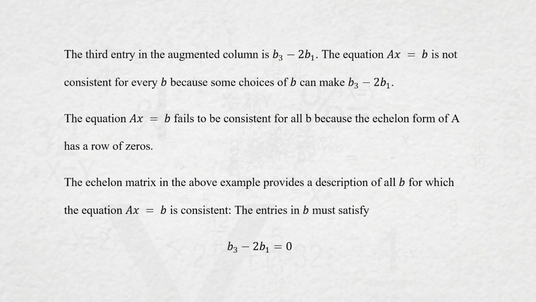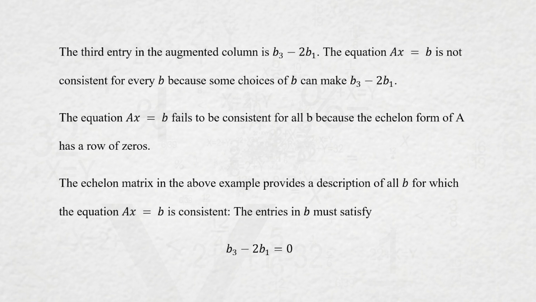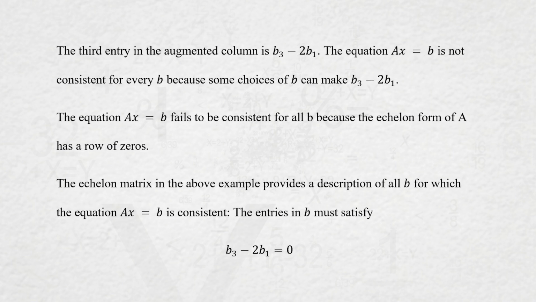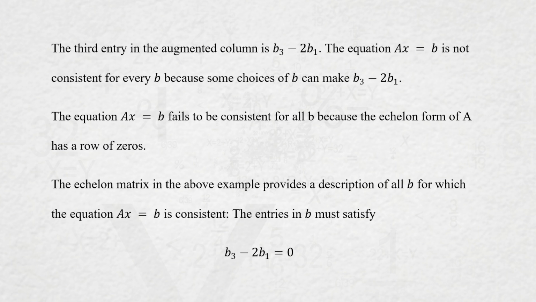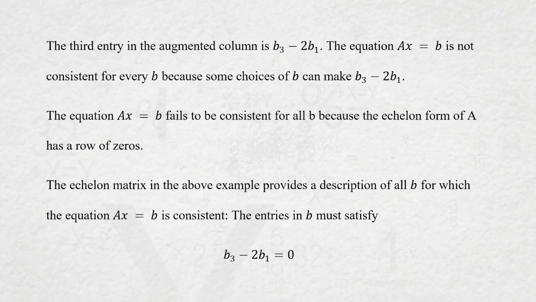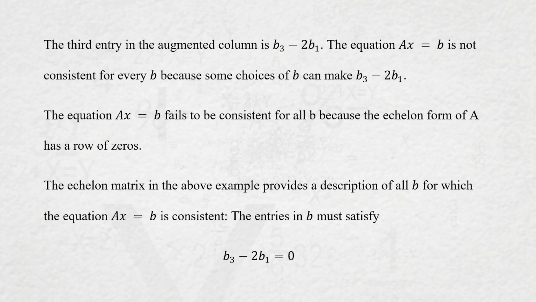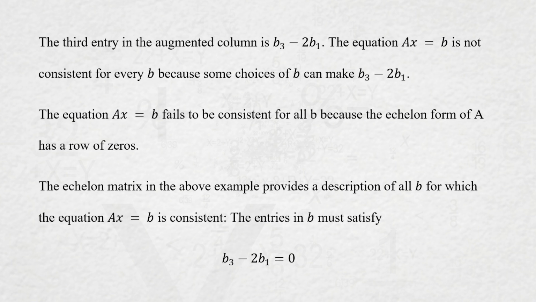The equation Ax = b fails to be consistent for all b because the echelon form of A has a row of zeros. The echelon matrix in the above example provides a description of all b for which the equation Ax = b is consistent. The entries in b must satisfy b3 minus 2b1 = 0.